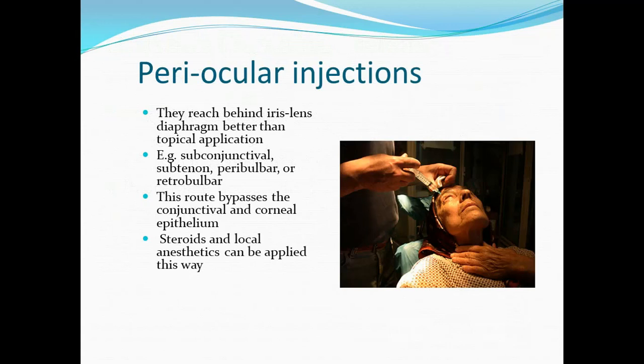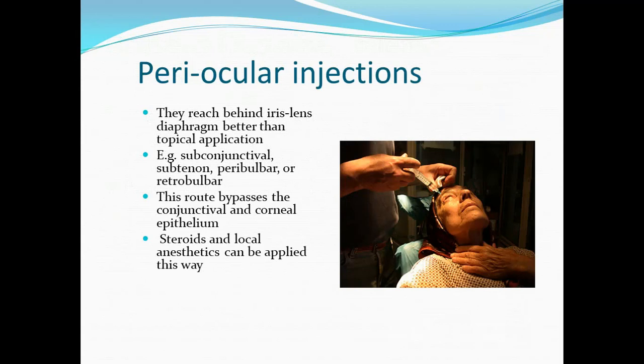Periocular injections: here, the drug reaches behind the iris lens diaphragm, and it is said to have a better absorption when compared to topical application. The various routes under this are the subconjunctival, the subtenons, peribulbar, and retrobulbar.